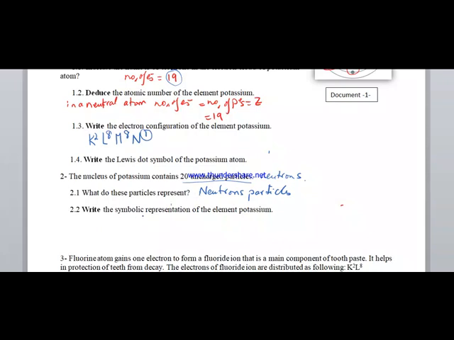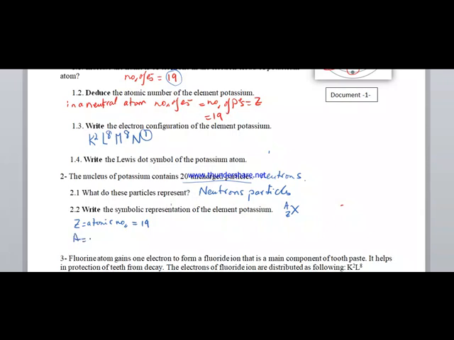Write the symbolic representation of any element, represented by X with A and Z. Z is the atomic number, which is equal to 19 as we proved before.